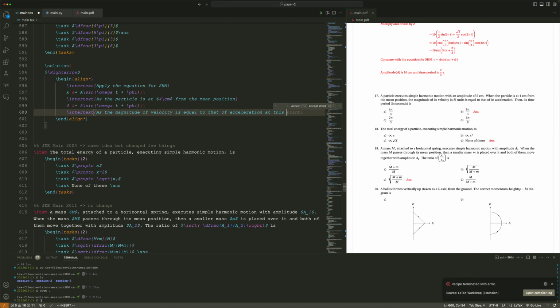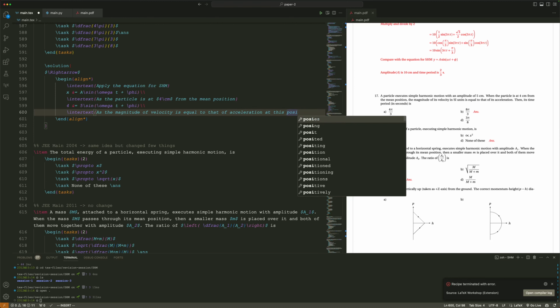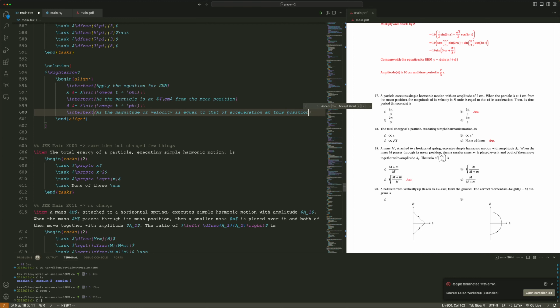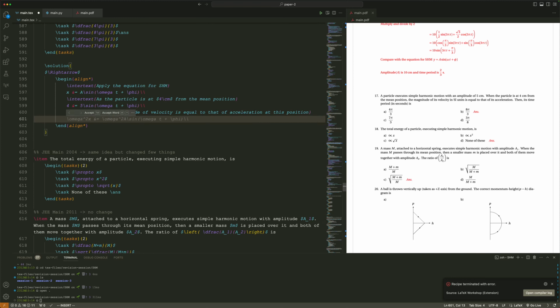At this position, that means omega square x is equal to... no, from this point we can find something else.